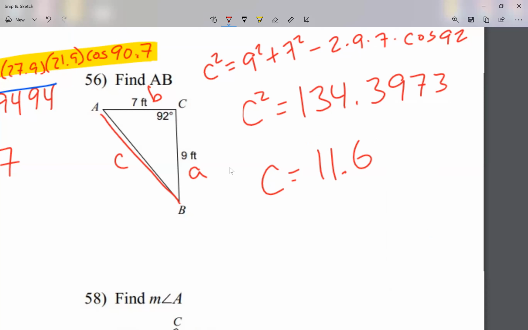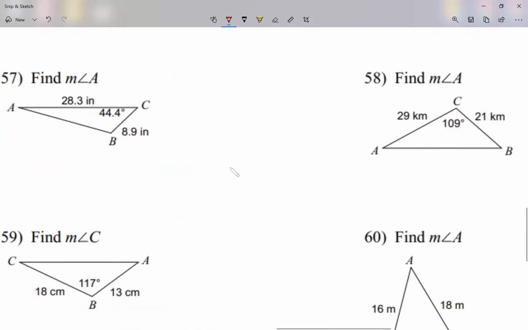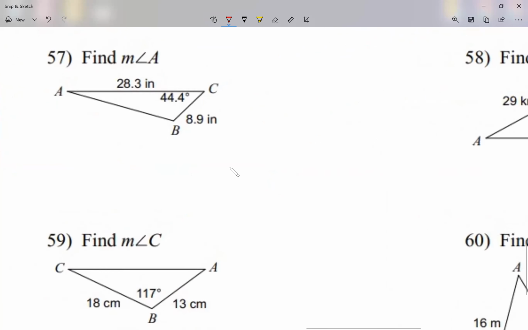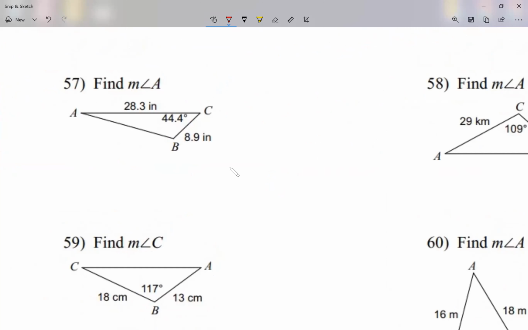Now let's bring up the challenge a little bit. Solving for an angle. Now I'm asking you to solve for angle A, but we have angle C. Now we have to do one thing before this.